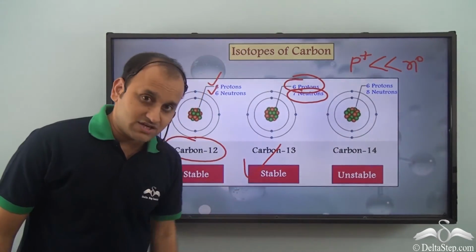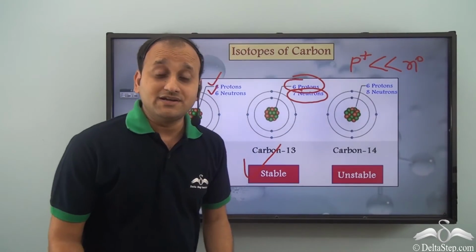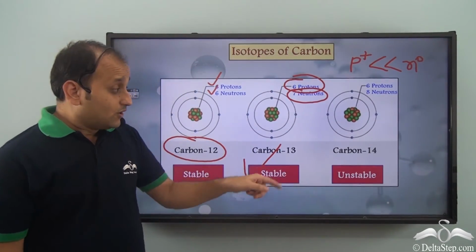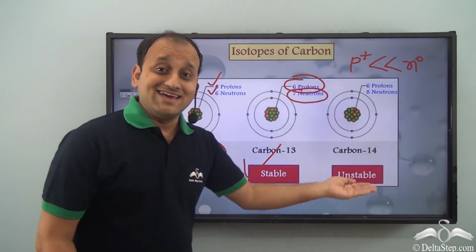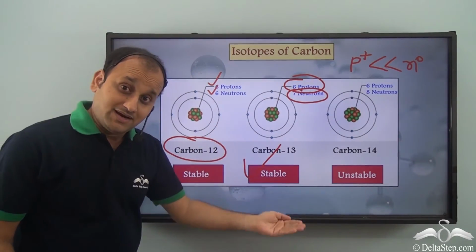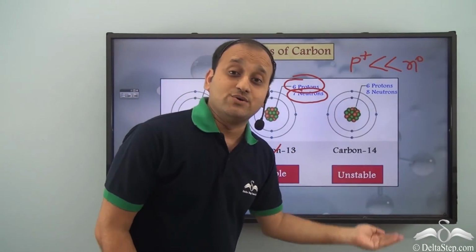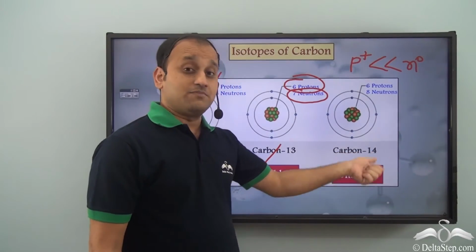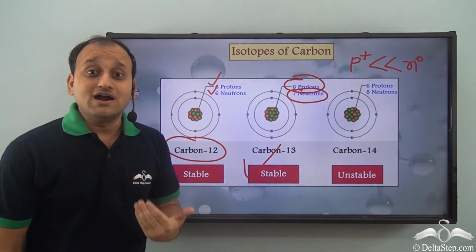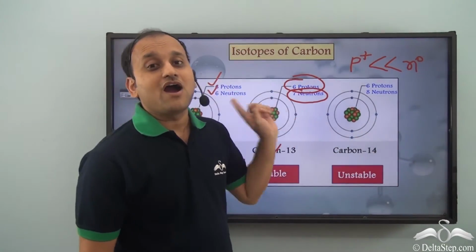And when we have an unstable nucleus, it will exhibit radioactivity. So carbon-14 is an isotope of carbon and it is radioactive. So we can say that carbon-14 is a radioisotope of carbon.